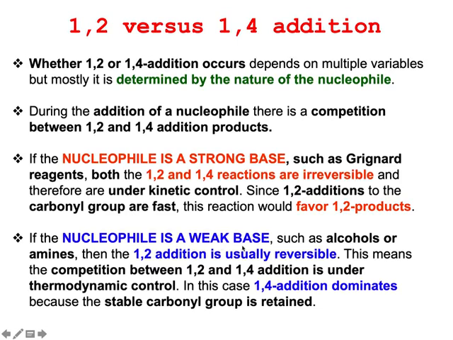If the nucleophile is a weak base, such as alcohol or amine, then 1,2 addition is usually reversible. Competition between 1,2 and 1,4 addition, so in this case 1,4. So here the clue is nucleophile strong base, so favored to form 1,2 addition. Nucleophile weak base, so favored to form 1,4 addition.